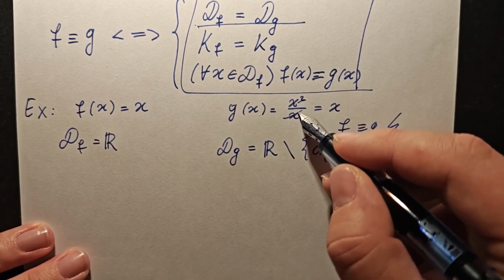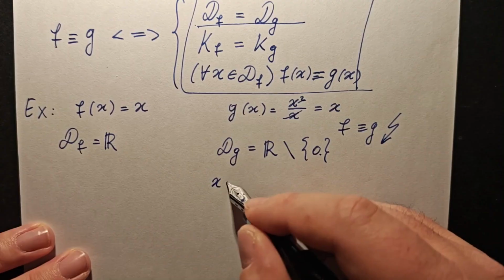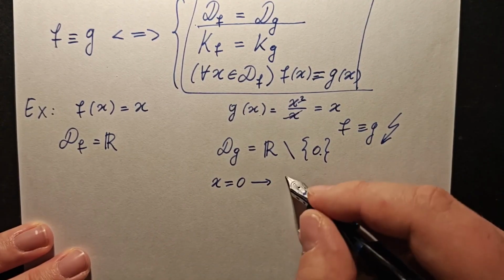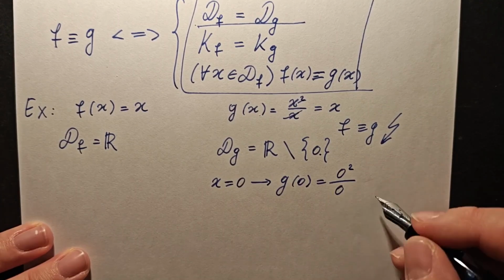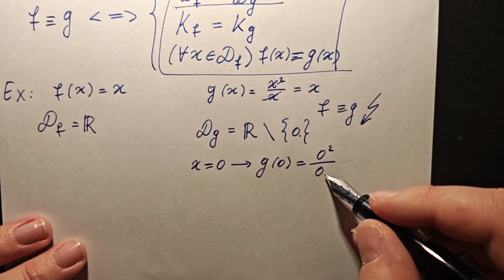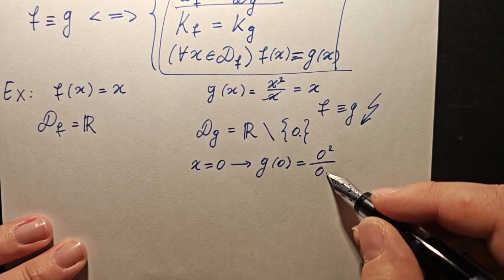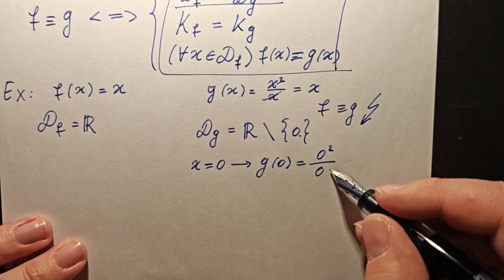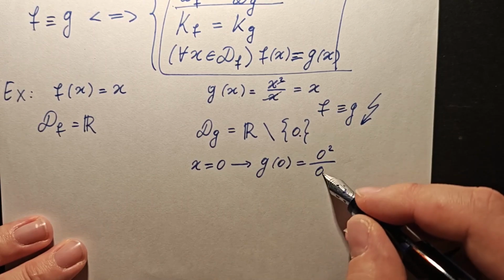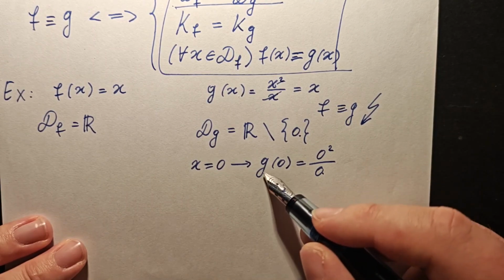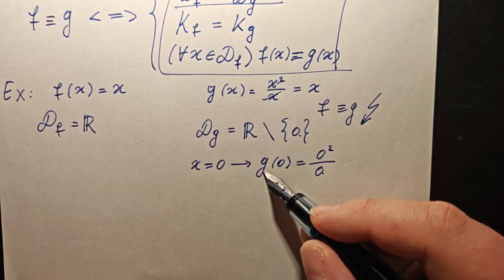You have x squared over x. So if x is equal to 0, g of 0 is equal to 0 squared divided by 0. What is something divided by 0? Well, that is not defined. So you have a problem. Number 0 does not belong in the domain of this function g.